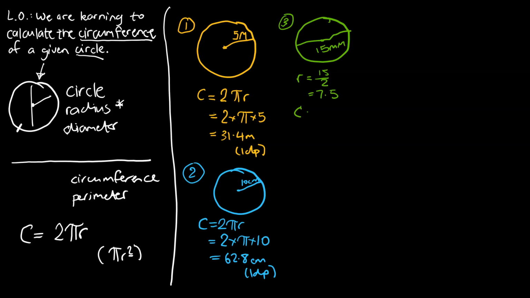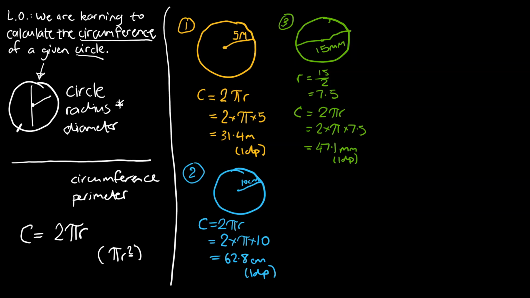So the circumference is always equal to 2 pi r. In this case, that's going to be 2 times pi times 7.5. And when you put that into your calculator, I'm doing 2 times 7.5 times pi, that gets us to 47.1. And in this case, that's millimeters, and that's been rounded to 1 decimal place.